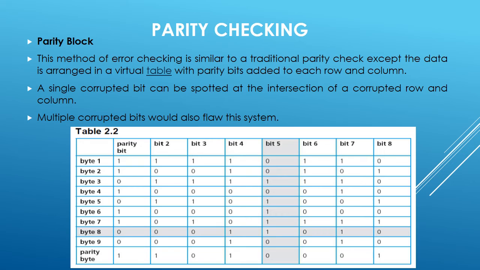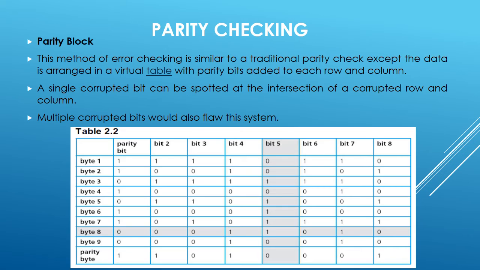In the third column, there are 4 ones, which is already even. So the parity bit will be set as 0, which is correct. In the fourth column, there are 5 ones, and to make it even, we need to add 1. So 1 is there, and this is also correct.